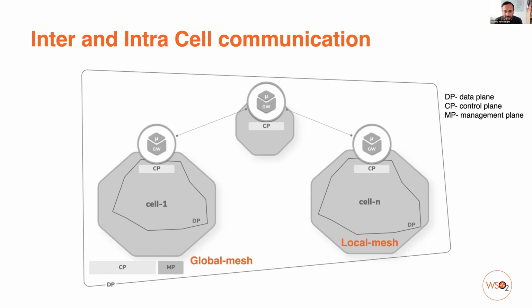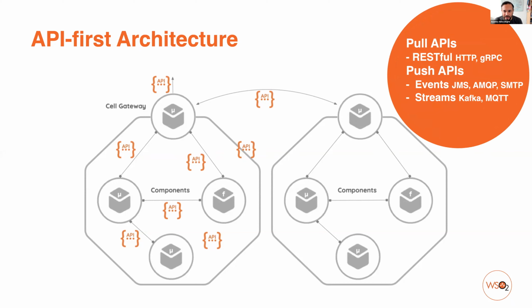Or it can be a push API like JMS, AMQP, or SMTP. And then it can be a streaming API like Kafka or MQTT. So based on the nature of the capability, you can expose these using different types of protocols, or you can have the same API exposed with many protocols by providing different flavors of the same API for your consumers.